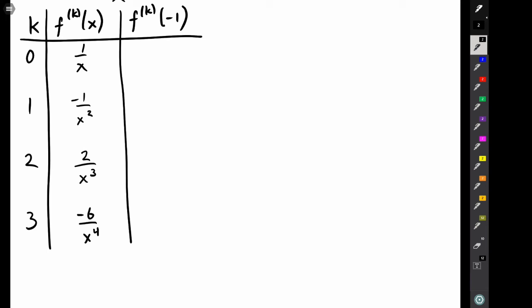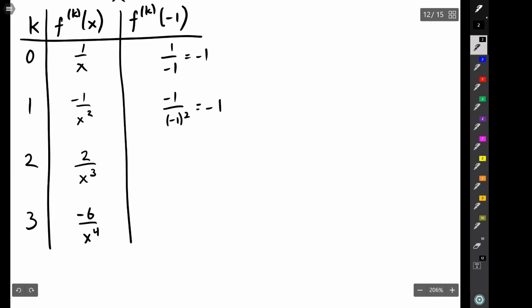So here, when we plug in -1, we're going to get 1 over -1, which is -1. Then -1 over (-1) squared, which is -1. This one here is going to be 2 over (-1) cubed, so that's -2.